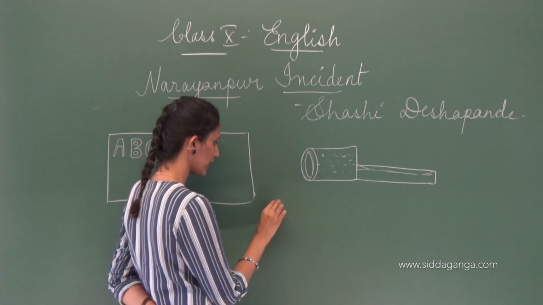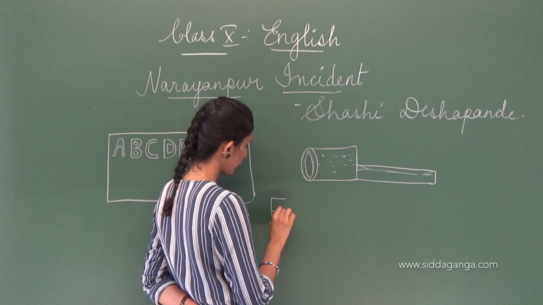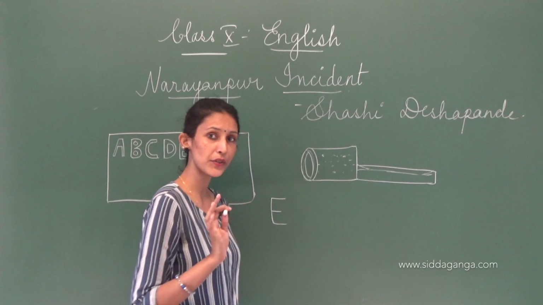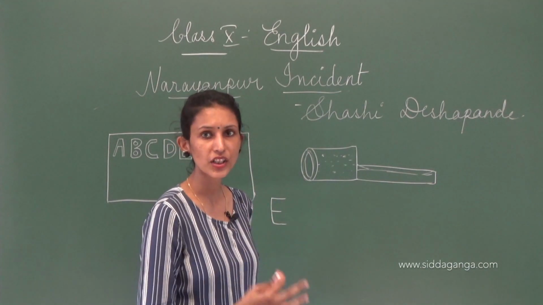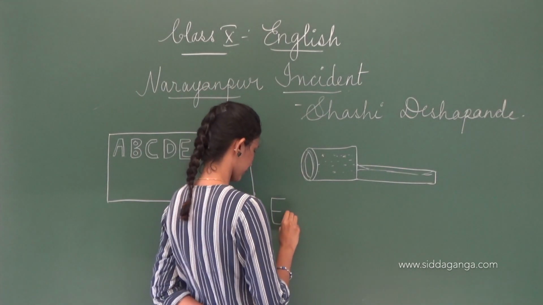Now, if I have to write English, it types very beautifully, but your computer doesn't type it like that. You can change the fonts, yes, but that had a different way of writing.